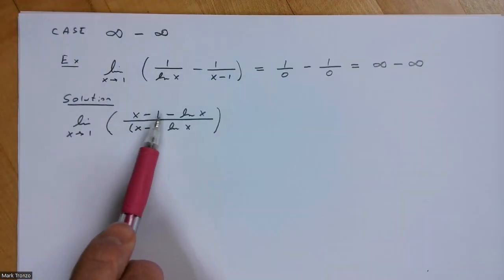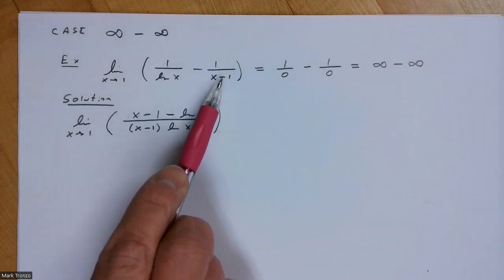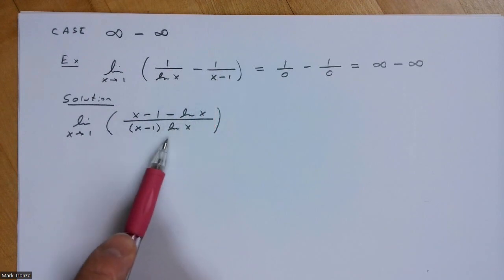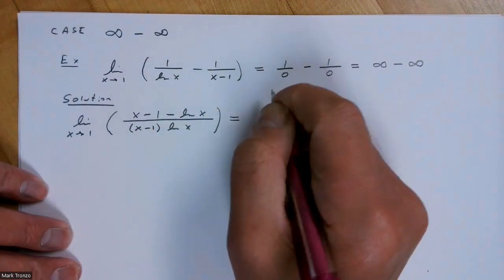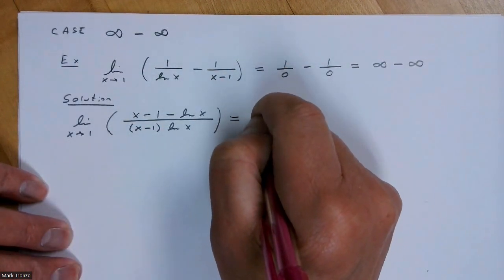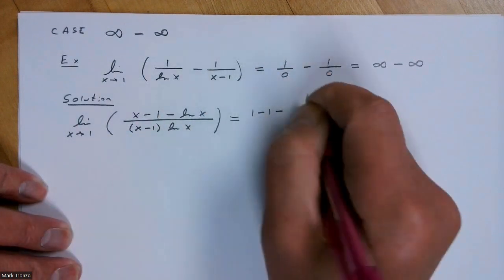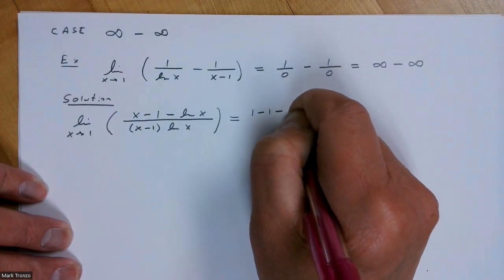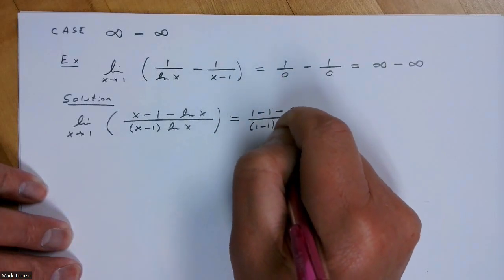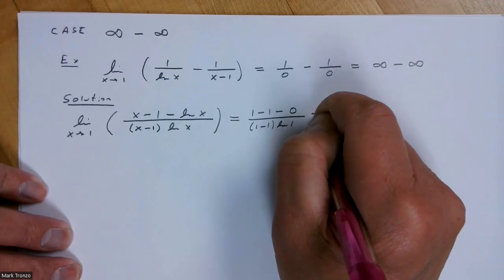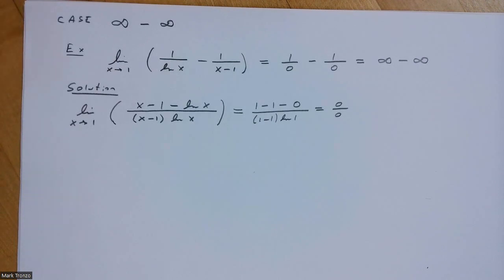So after we make a common denominator and put these together, we get this. And so let's see what happens now. Once again, if we put 1 in here, that's going to be 1 minus 1, and log of 1 is 0. Then 1 minus 1 times log of 1 is 0. So we're going to have 0 over 0.